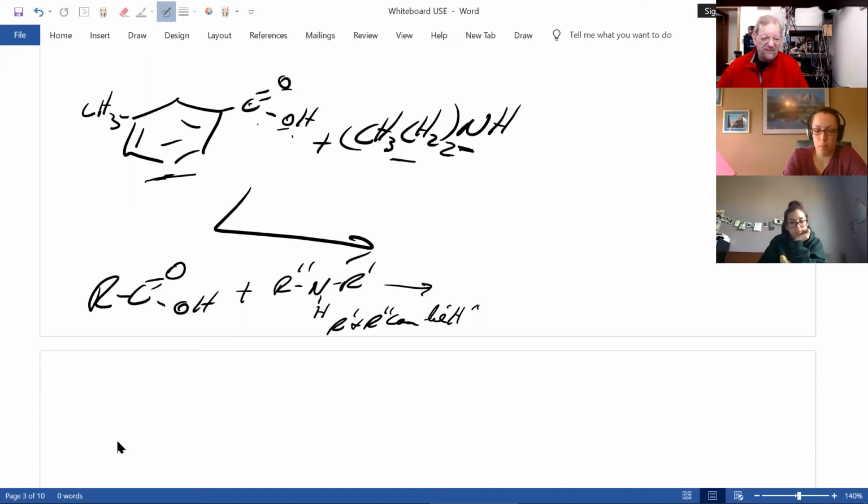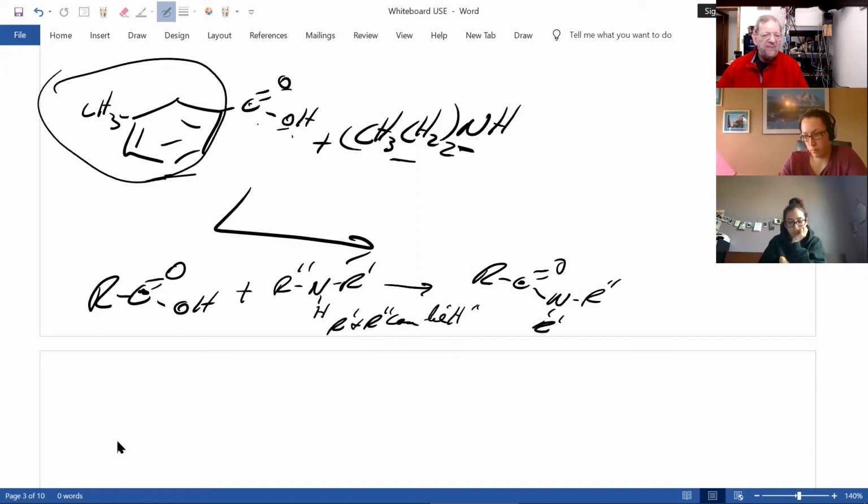And what do you get? Keep your eye on the carbonyl carbon. What's attached to it is still attached to it. Then you get a nitrogen, R prime, and R double prime. And here, what's our R group? This right here, the benzene ring with a methyl group in the meta position, 1, 2, 3. And we have two ethyl groups.